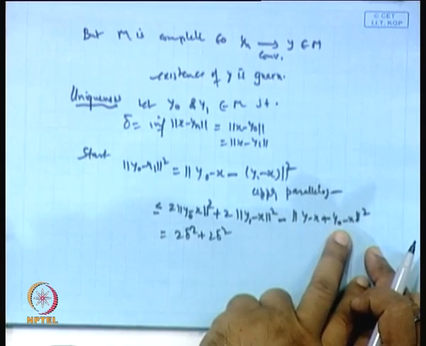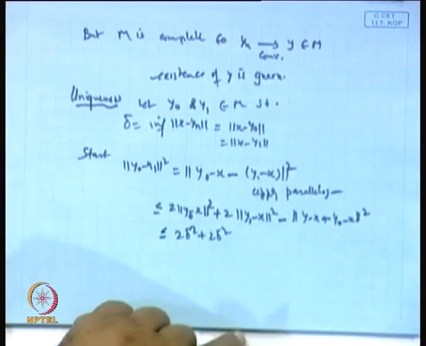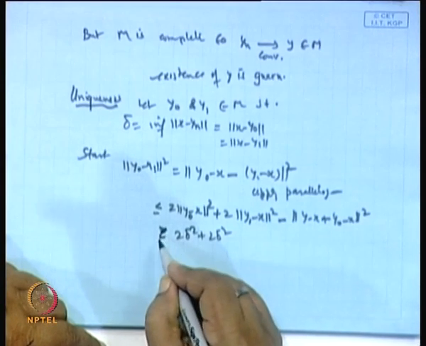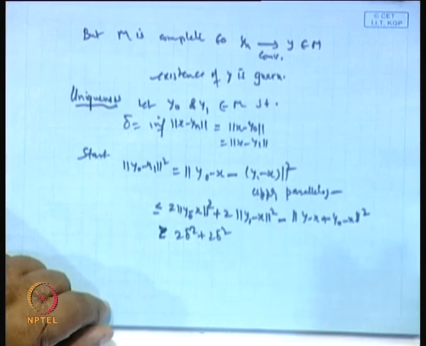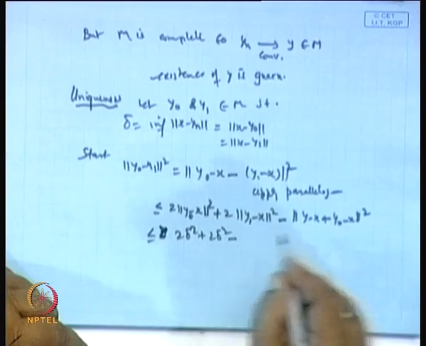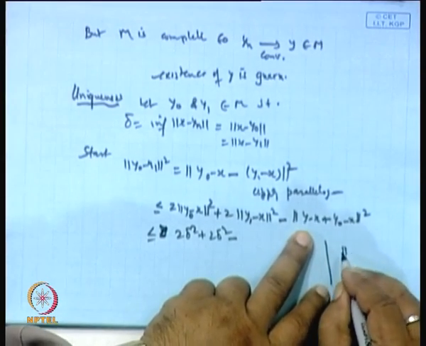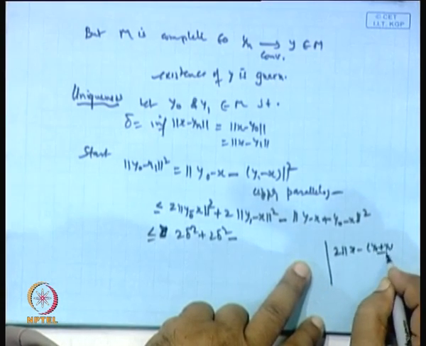So, this is less than or equal to, if you take 2 outside, you are getting x minus (y naught plus y 1) by 2.